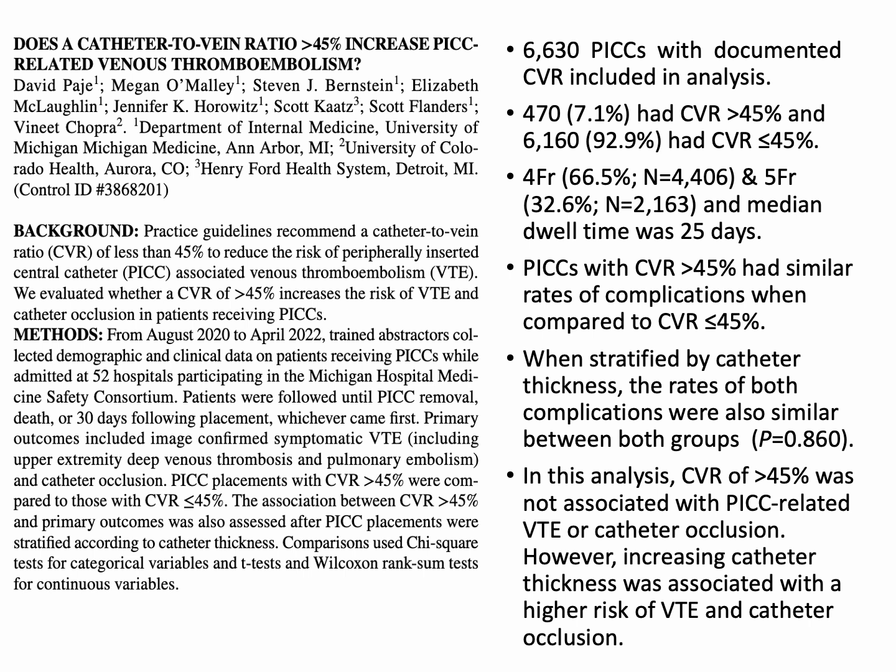What they found was that complication rates were very similar between the two groups, and when stratified by catheter thickness, the rates of complications were quite similar between both groups with a non-statistical p-value. However, in this analysis, catheter vessel ratio greater than 45% was not associated with PICC-related catheter-related thrombosis or catheter occlusion. However, the authors did state that increasing catheter thickness was associated with a higher risk of VTE and catheter occlusion.